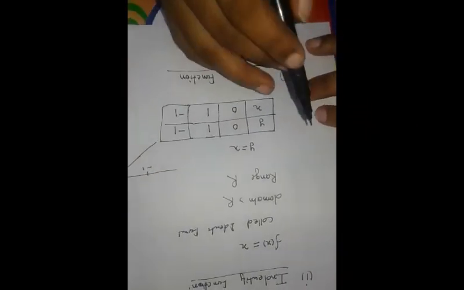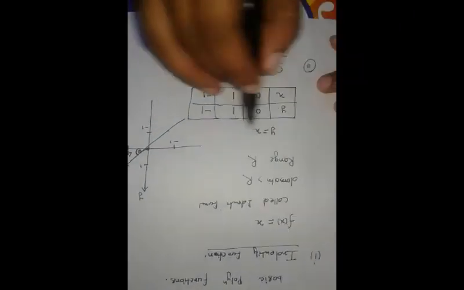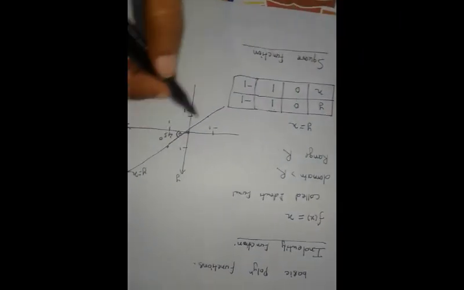The angle between the identity function and the x-axis is 45 degrees. Here we study how we construct the graph of the identity function.